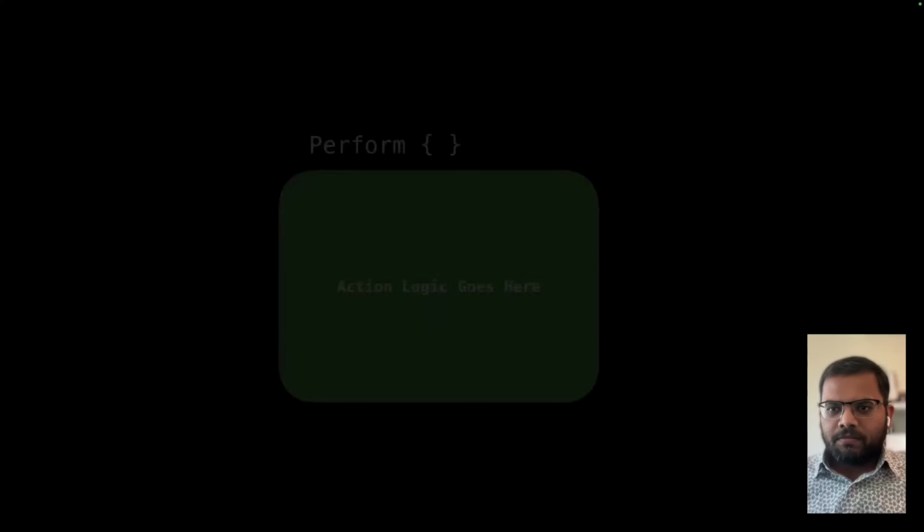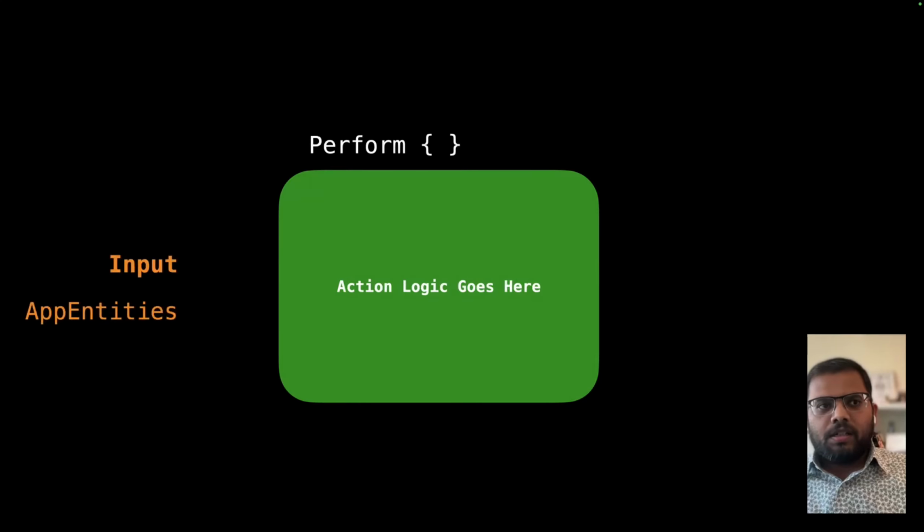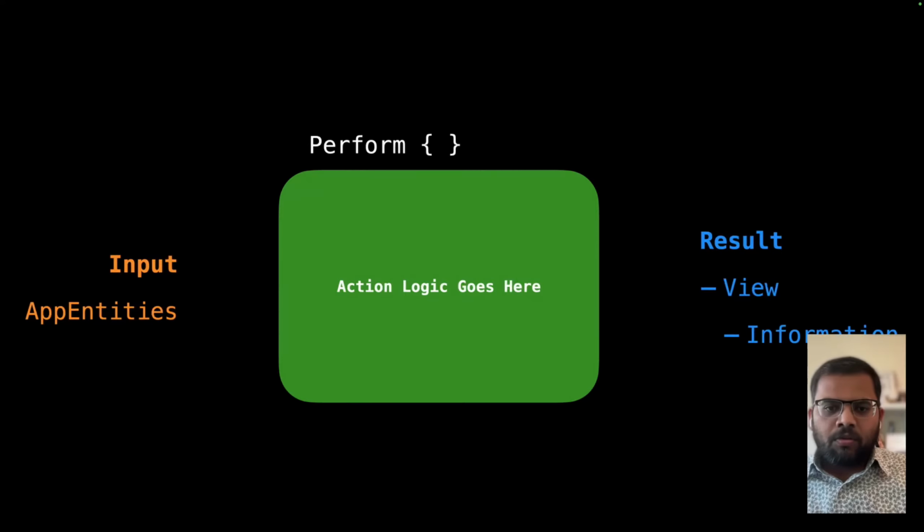So yeah, this is what an app intent actually looks like. You have the perform logic, which is where your action logic goes. Every app intent has a perform function. You have the inputs, which are app entities, and you have the outputs, which are the view or the information that view contains.